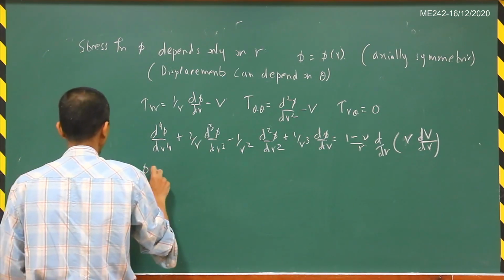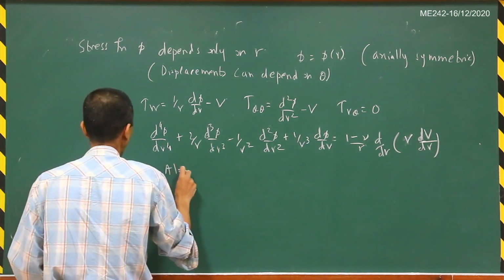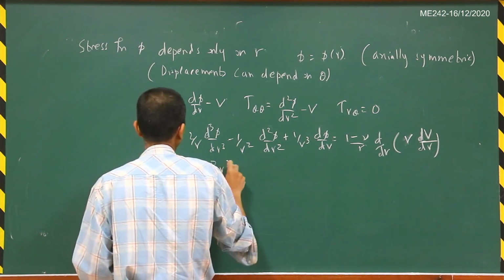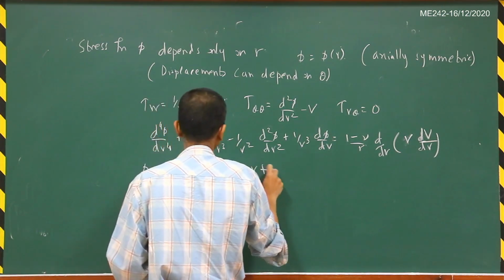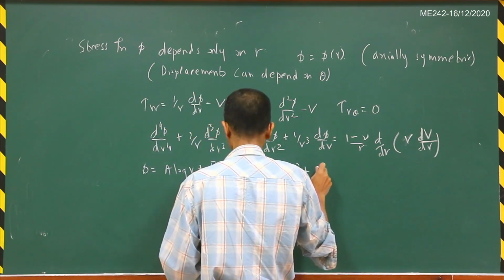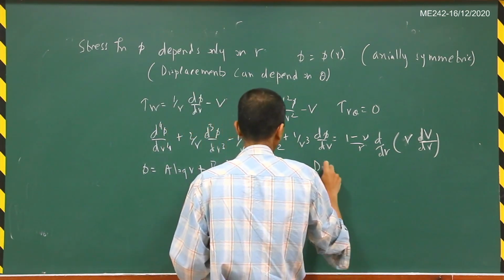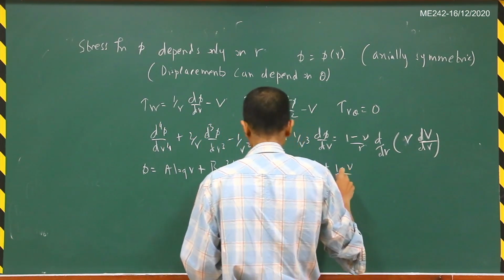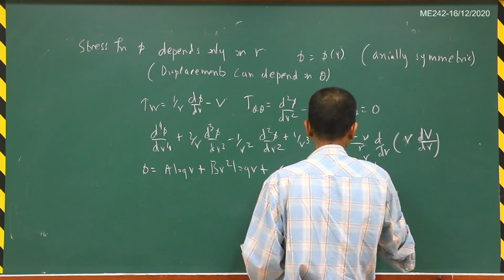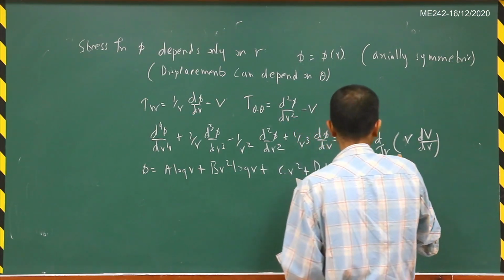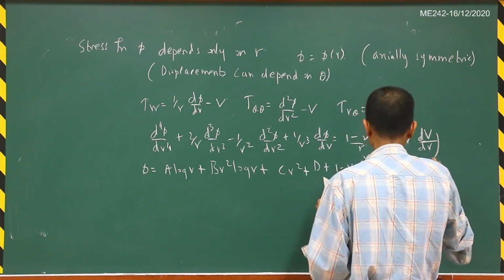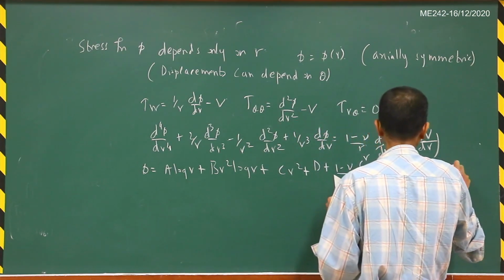So phi is equal to a log r plus b r square times log r plus c r square plus d, plus 1 minus mu times the integral from 0 to r of 1 by eta, times the integral from 0 to eta of the potential v of xi times d xi.